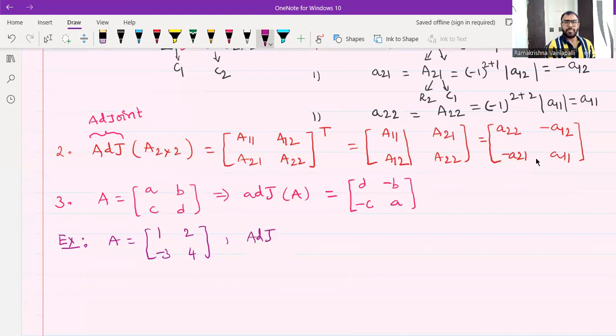You can write either capital A or small a. Adjoint of A equal to: interchange these two, so you will have 4, 1. The next elements you keep as they are, but write with opposite sign. So here you write -2 and here you write 3.